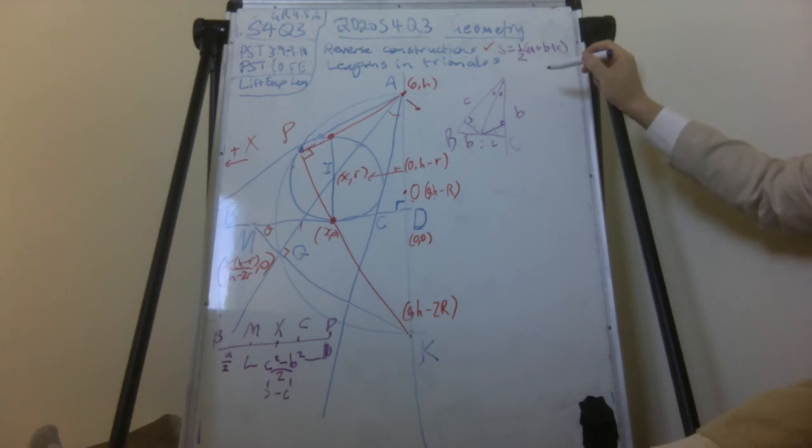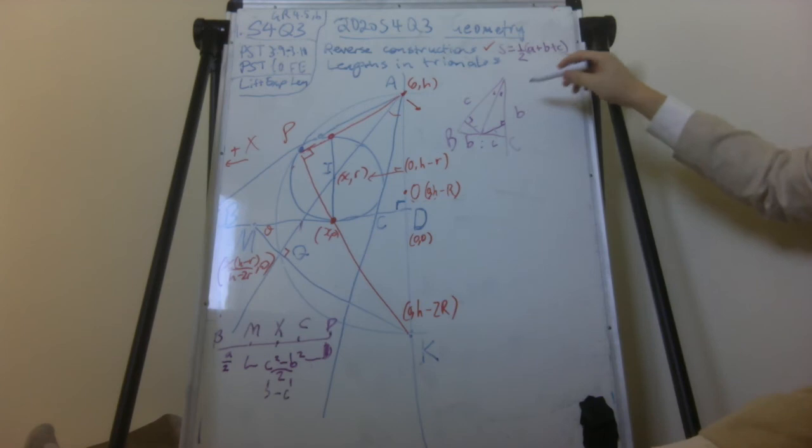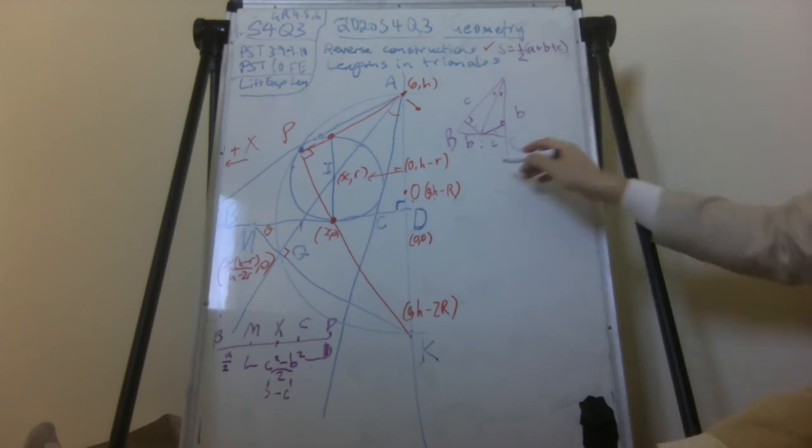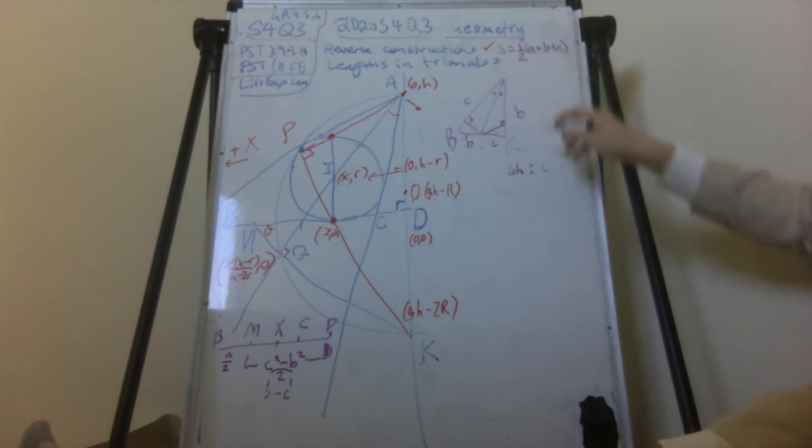So the area is base times height. So it's b times h to c times h, right? And they have the same height on this side, yeah?